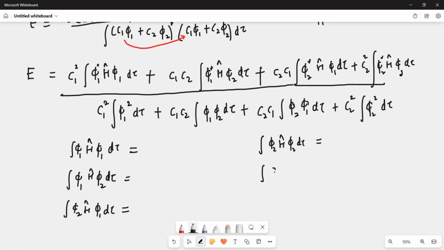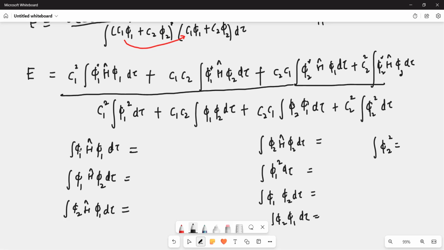Then phi 1 square or phi 1 phi 1, phi 1 square d tau. Then phi 1 phi 2 or phi 2 phi 1 d tau and phi 2 whole square.